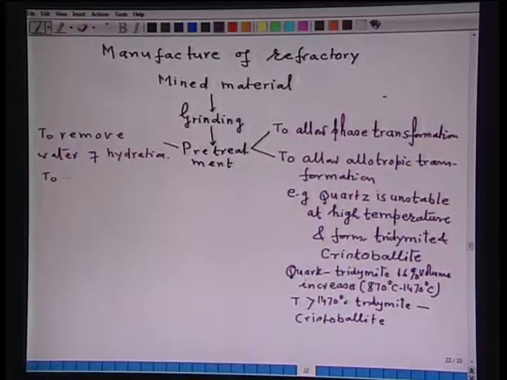Another important thing is to dead burn magnesite. What does it mean? Magnesite is MgCO3. If as such it is used at high temperature, MgCO3 decomposes to MgO and CO2 will create problems. So, to dead burn means complete elimination of carbon dioxide from magnesite.